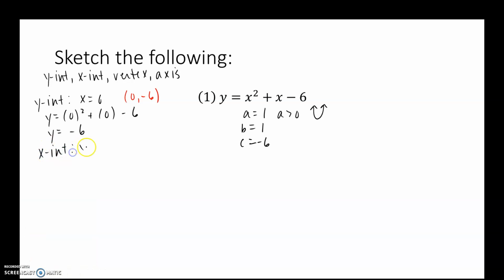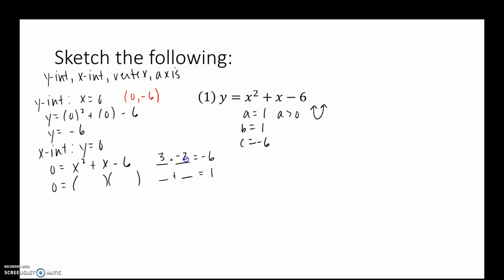My x-intercept, I set now y equal to 0. Okay, so wherever I see y. All right, well now my next step would be to factor. Because a is equal to 1, I need two numbers that multiply to -6 and at the same time add to +1.